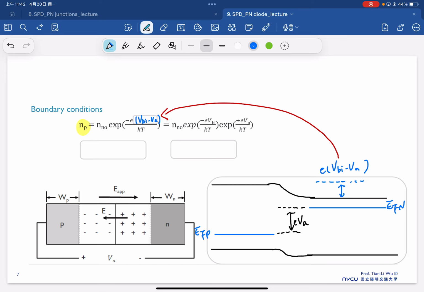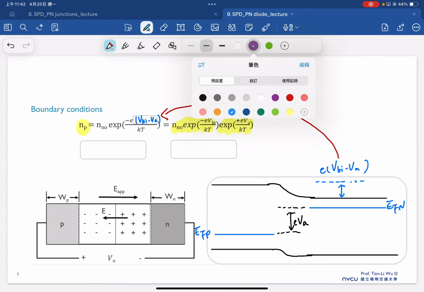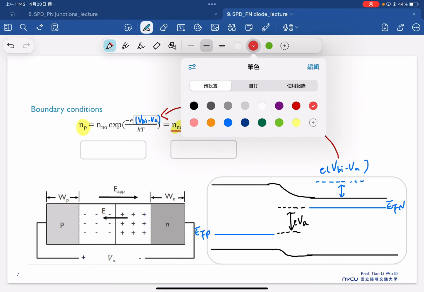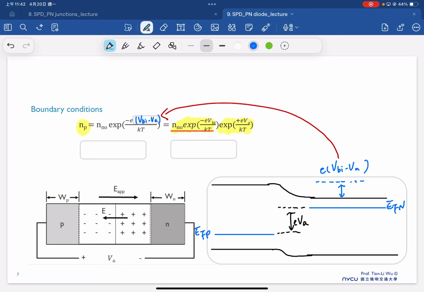And with this equation, we can expand it as this one and this one. And also this term can be further considered as NP0, where therefore our NP is equal to NP0 exponential EVA over KT.